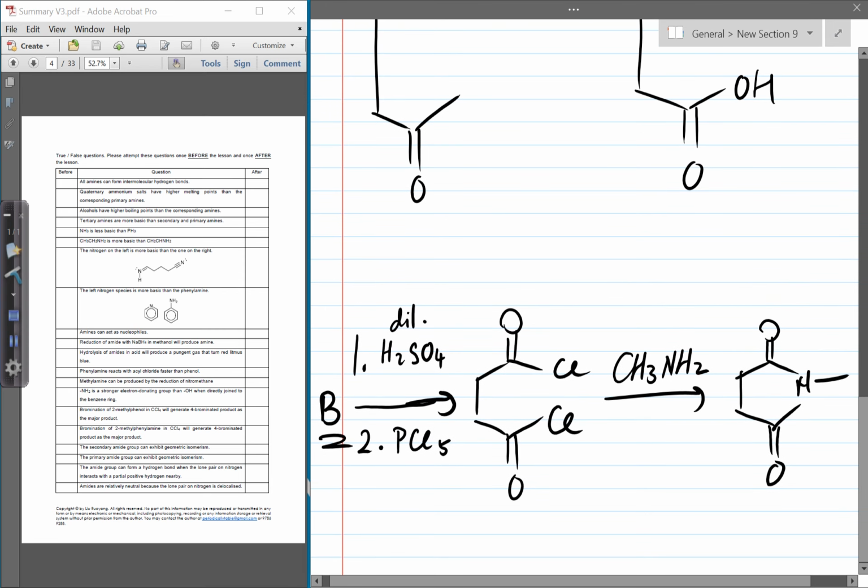So now, since you already practiced this question, can you try these two? It's quite lenient, 2 marks each. It's also quite a waste if you cannot do it.